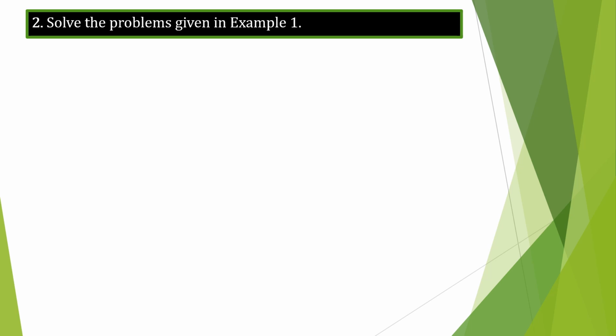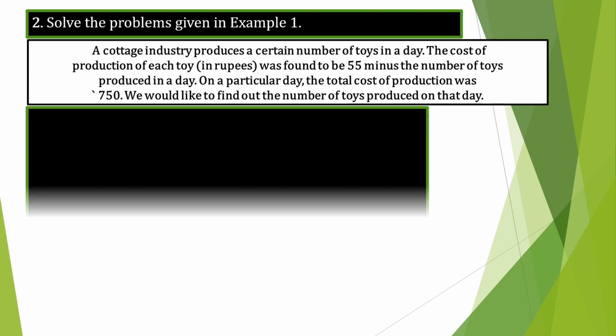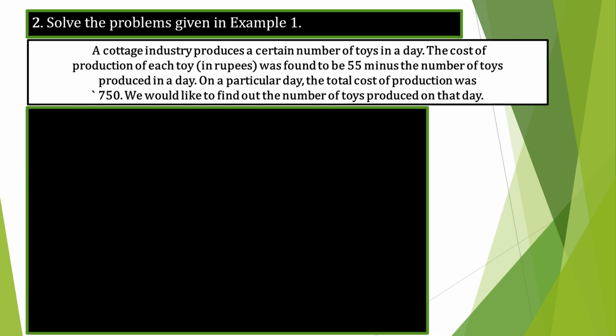Let's quickly move to the second part. A cottage industry produces a certain number of toys in a day. The cost of production of each toy in rupees was found to be 55 minus the number of toys, and the total cost of production on a particular day was rupees 750. We would like to find the number of toys produced on that day.